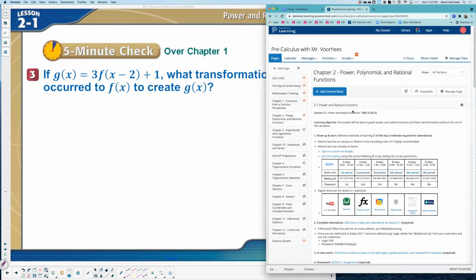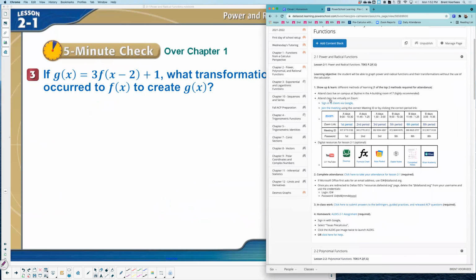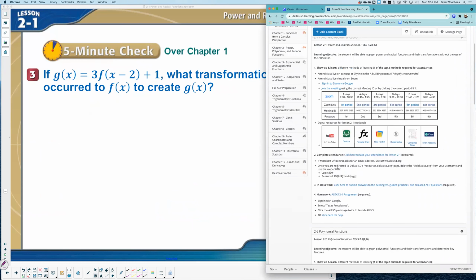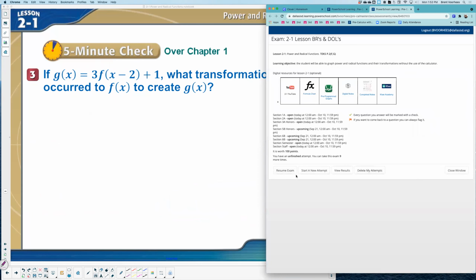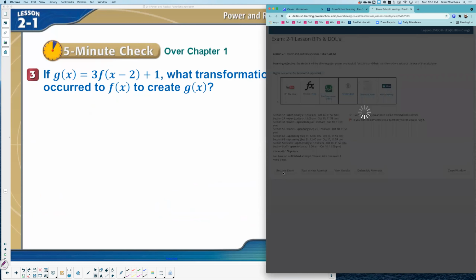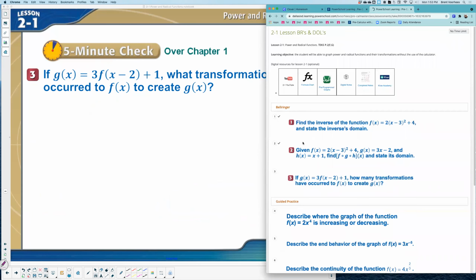So now I'm in chapter 2. You've shown up. You hopefully signed the attendance chart at the front of the classroom. We're on number 3. We're doing the in-class. You can click that. And yours will say start exam. I've already clicked it. This will get us to number 3 here.